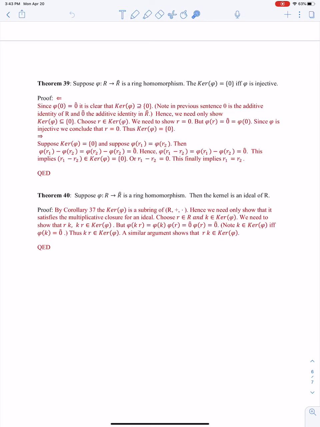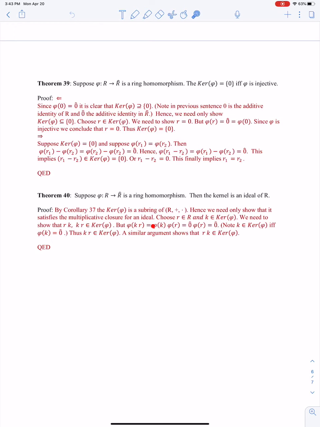All right, so now I'm going to prove that kr is in the kernel. Well, what does it mean to be in the kernel? It means that when I hit it with phi, I should get 0 hat. So let's look at phi of kr. Well, phi of kr is phi of k times phi of r.